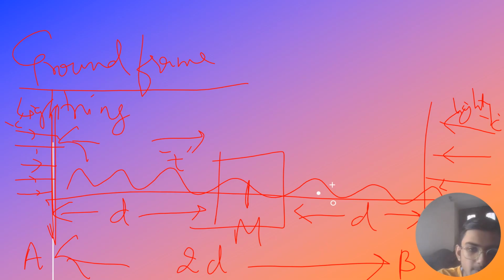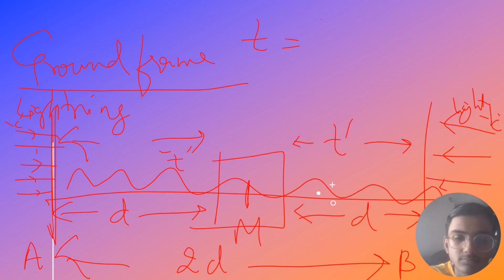T is the time taken. We'll define a new term: the time taken by lightning from B to M, let's say it is t dash. So let us firstly name it.